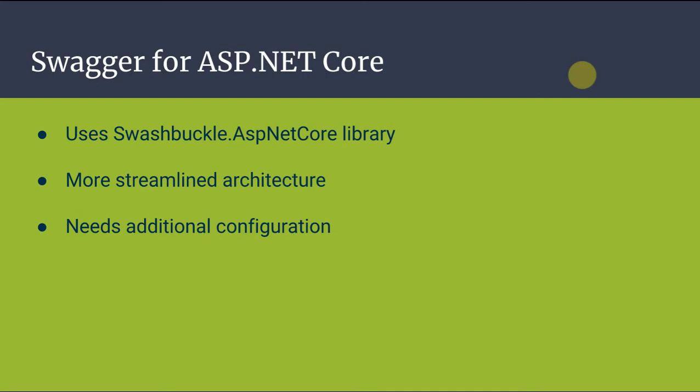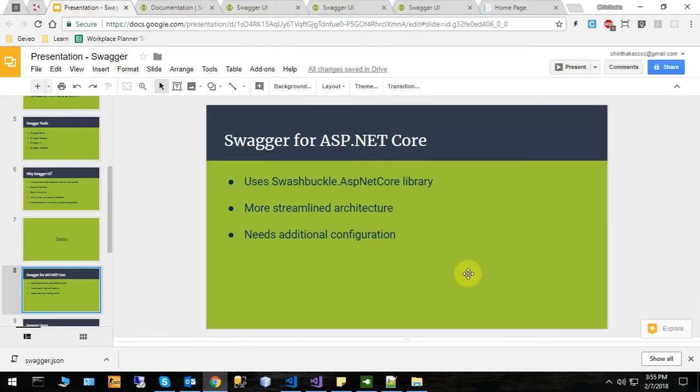Everything is inherited from controller. So here, swashbuckle.asp.NET Core actually makes use of that and it detects just the controller method without looking for the API controller class. It's a more streamlined architecture, but the thing is it needs some additional configuration.